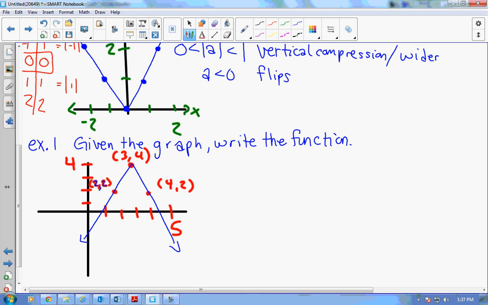The tricky part sometimes is finding the A. Turn to your neighbor, please, and tell them the vertex, and then describe how you would plug it into this function, into our A, H, and K. Don't just say no idea. It's the same thing had it been a quadratic.